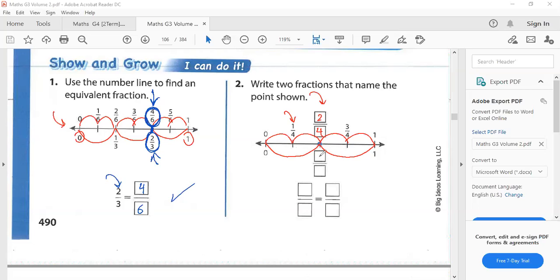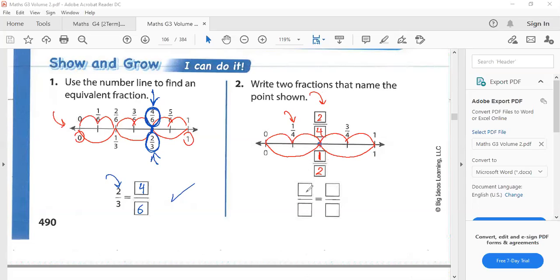This is the first jump, right? Yes, 1, out of how many jumps in all? How many parts in all down? 2. Down, they are 2. Excellent. So the fraction down is 1 over 2. So what are the equivalent fractions in red?